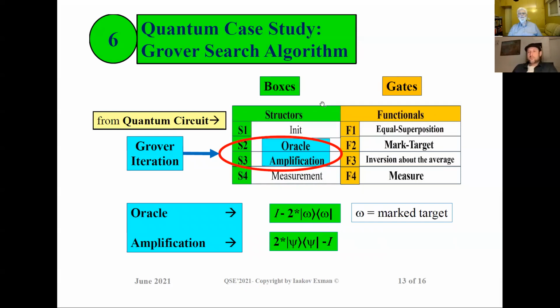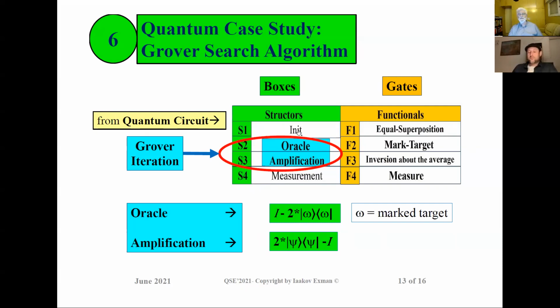How do we obtain the structures and functionals? In complete analogy to the classical case in which we obtain the information from the class diagram, here we obtain the information from the quantum circuit. The green boxes are the structures, and the gates inside the boxes are the functionals.